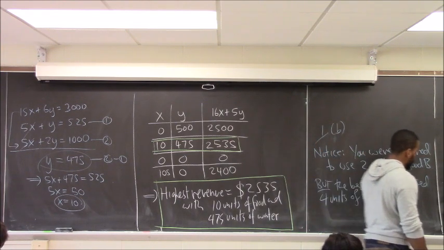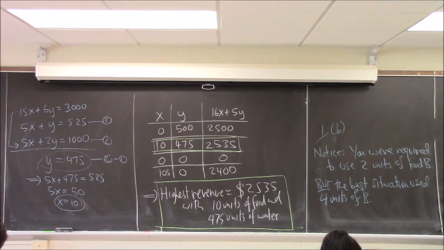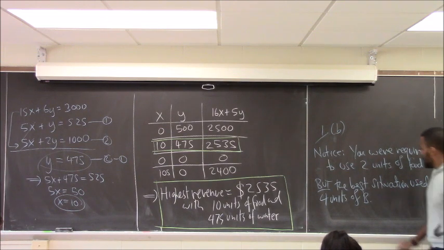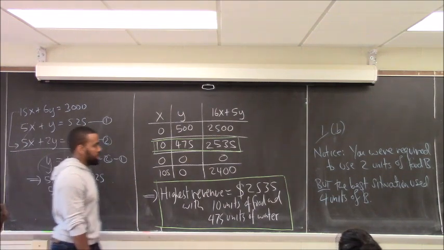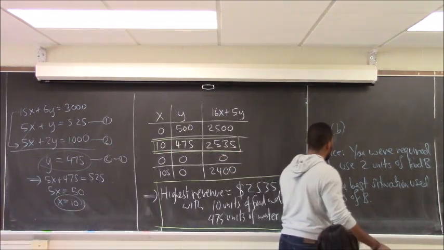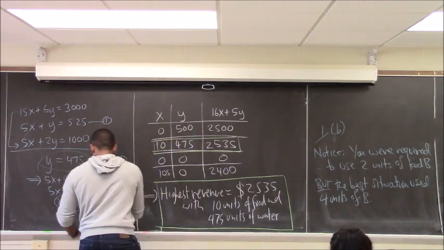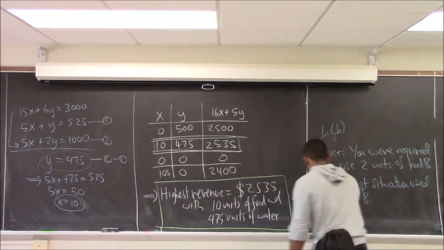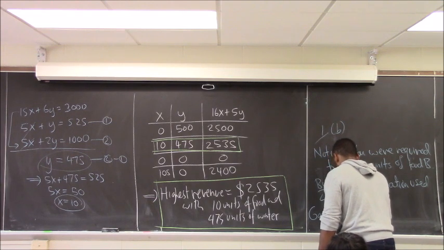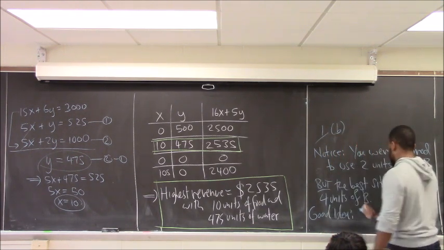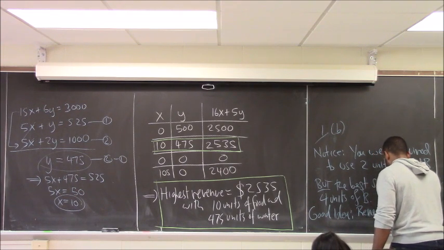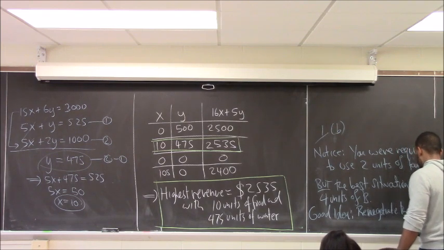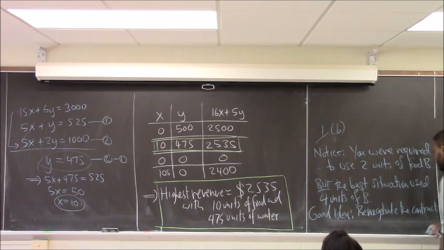So the idea was, what was something that you could do to make this situation even better? And the math itself wasn't what actually gave you the answer there. It just comes down to you actually thinking as a person, interacting with other people in the world. And probably a good idea to do in this situation is to actually renegotiate the contract.